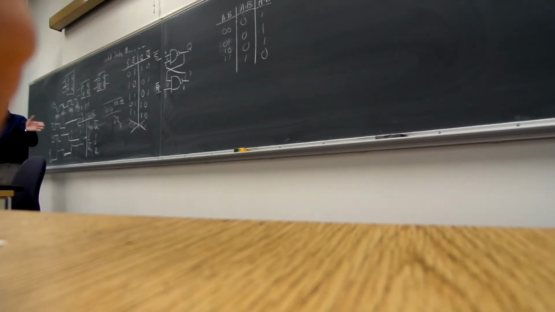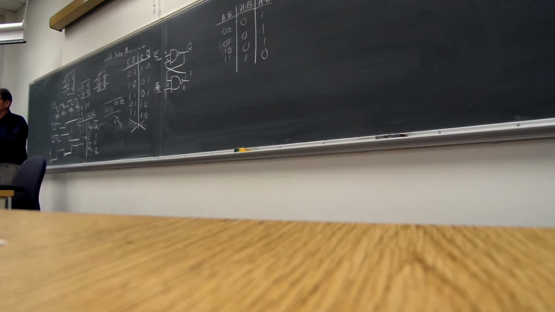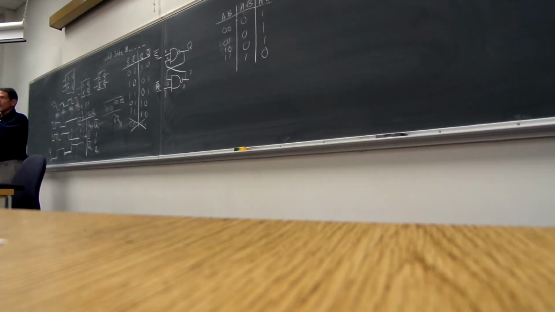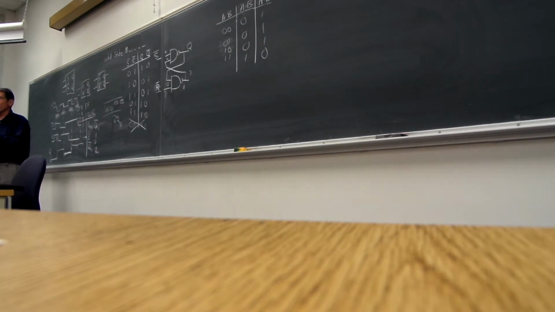So we like to clock things so that things happen at very precise times, and we don't have to worry about time delays. A race condition is where you've got outputs feeding back to inputs, and because of slowness and time delays, it can screw things up. Is that all right? Okay.